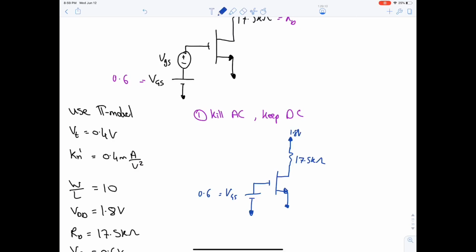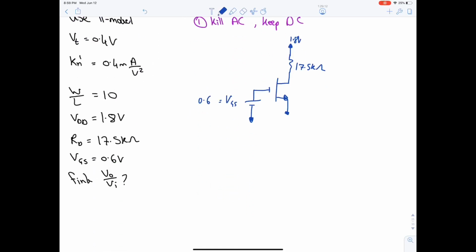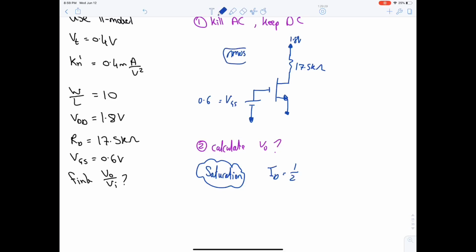Okay, next we need to find V naught. We are always in saturation, hence ID is equal to half mu n COX W over L VOV squared.